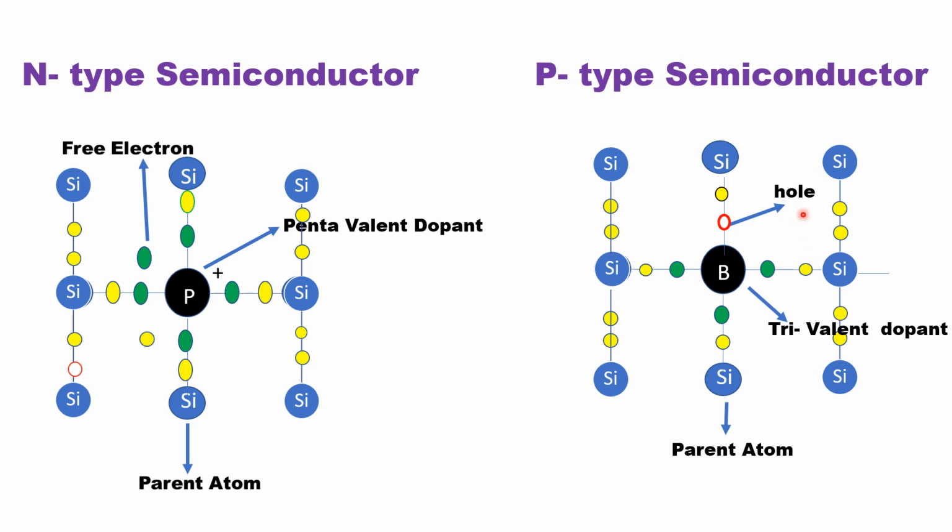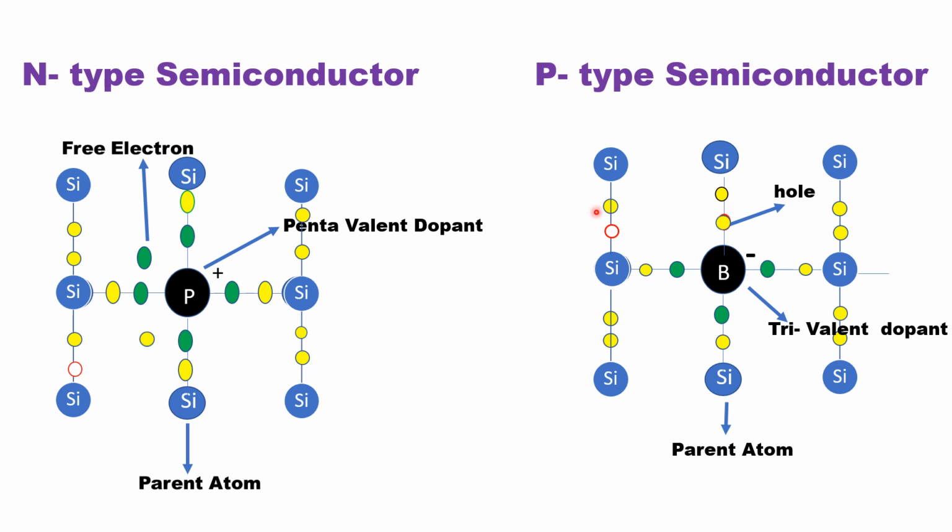This deficiency forms a positive vacancy or hole in this incomplete bond. Then an electron from a neighboring silicon bond can trap into this hole and will create a vacancy or hole in that bond. And thus, the impurity atom will behave as an acceptor ion.